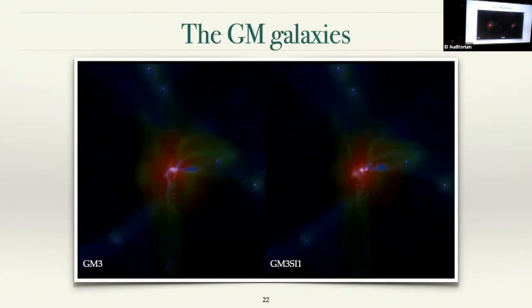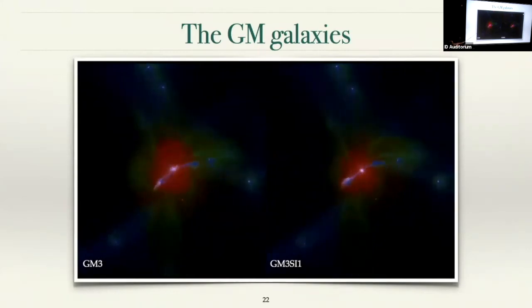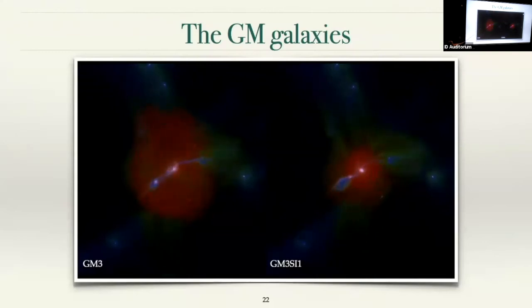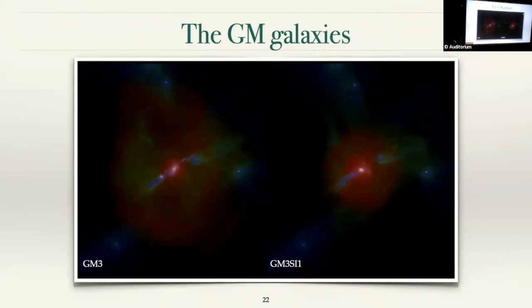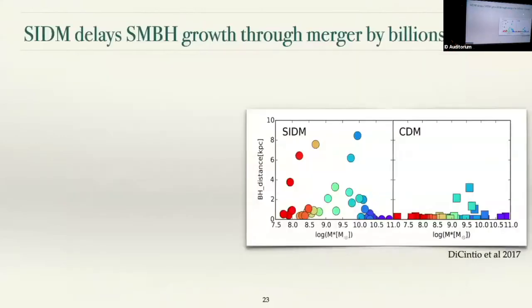And in particular, there's this very large event where you can really see this large difference here. There's this really huge accretion event in this GM3 galaxy that you're not seeing in this GM3 SIDM run, or at least it's not as significant.